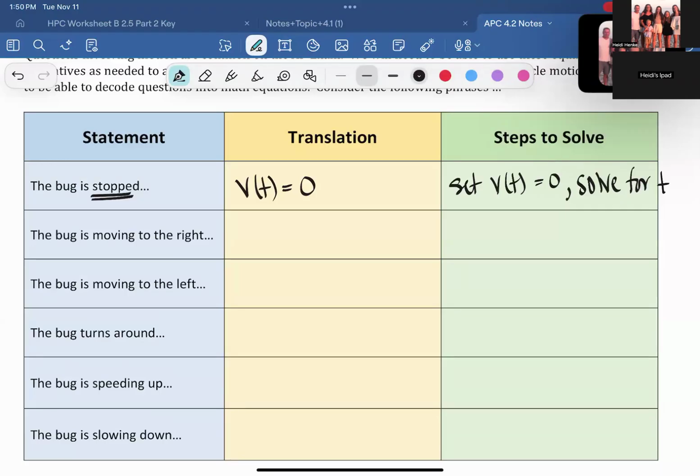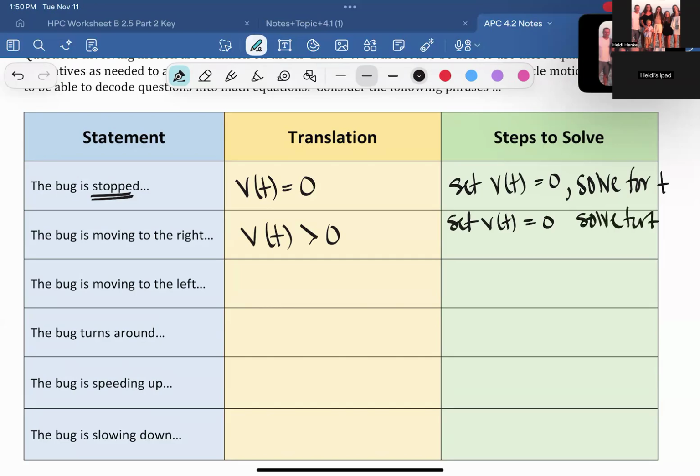If we're trying to find the time where the bug is moving to the right, as I said earlier, right would mean your velocity is positive or greater than 0. So if we're trying to find where an equation is greater than 0, we're going to set our velocity equal to 0. Then we're going to solve for t.